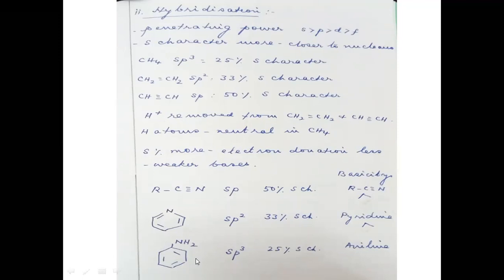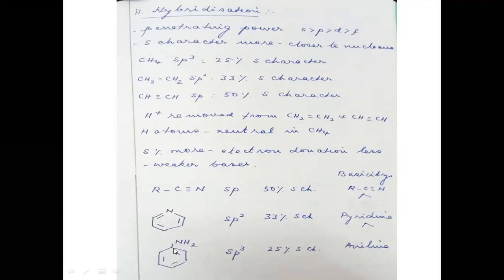Suppose I want to give you one more extra information. Even this aniline, as it is present, the nitrogen is connected to the benzene ring. The benzene ring attracts the electron by resonance effect. Actually, this is attracting electron. So because of that, even this donating capacity will decrease. Suppose instead of this benzene group, one methyl group is attached.